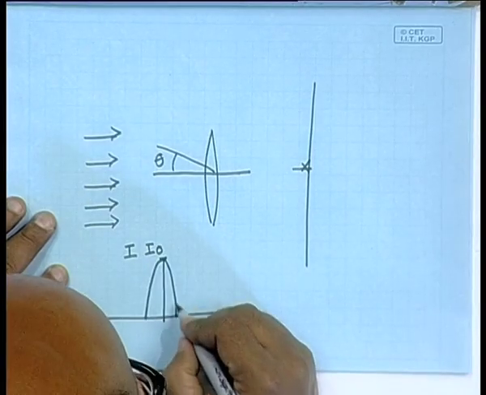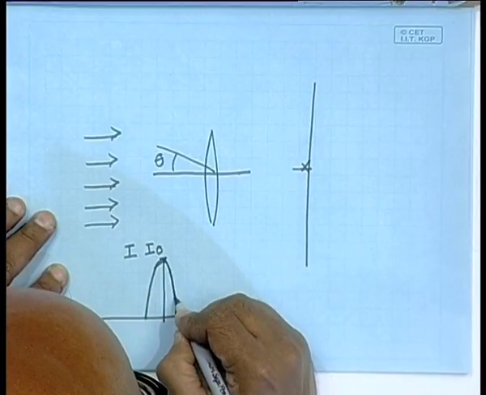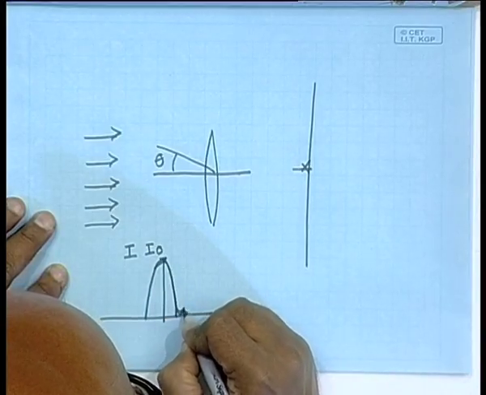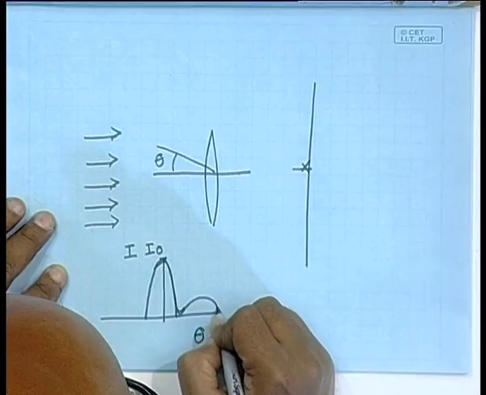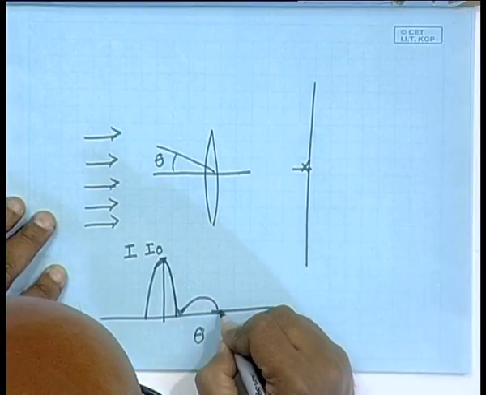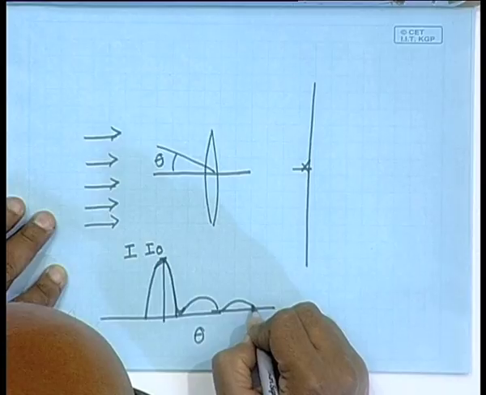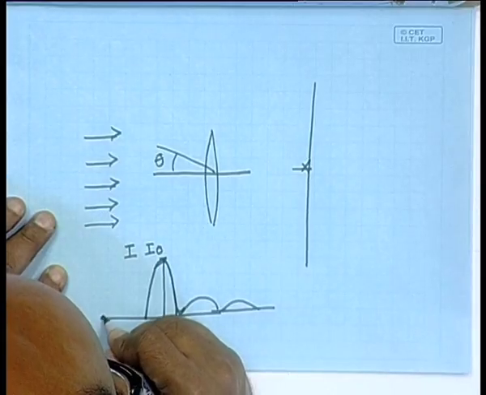So, the intensity pattern on the screen is going to look something like this. The amplitude of the later maxima is going to fall.